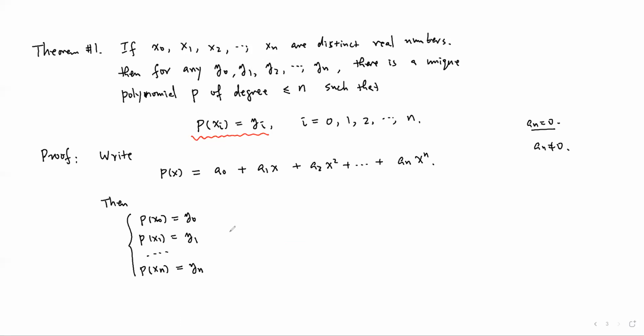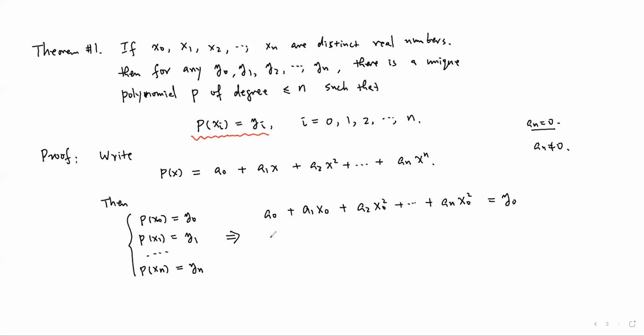All right, now in detail, polynomial at x0: I plug in x0 in x. Then I have one equation: a0 plus a1 x0 plus a2 x0 squared, up to an x0 to the n, is equal to y0.